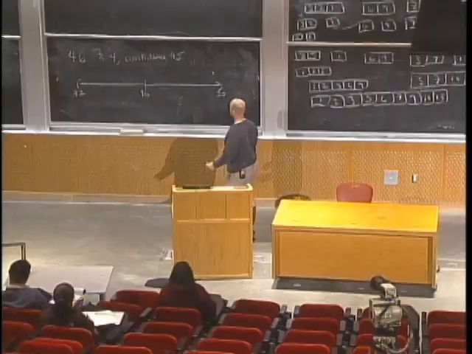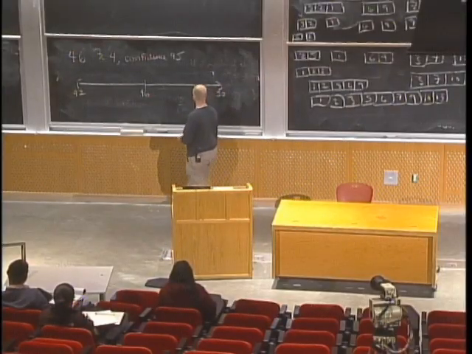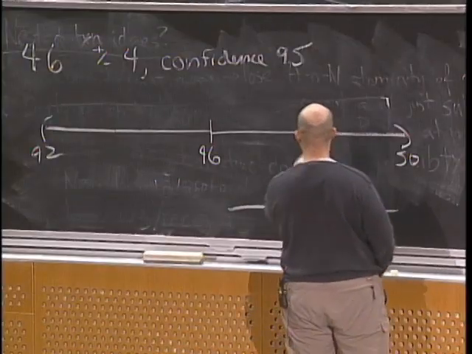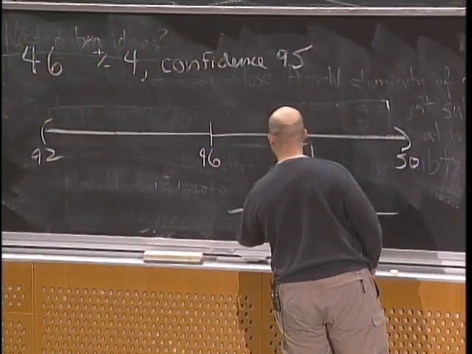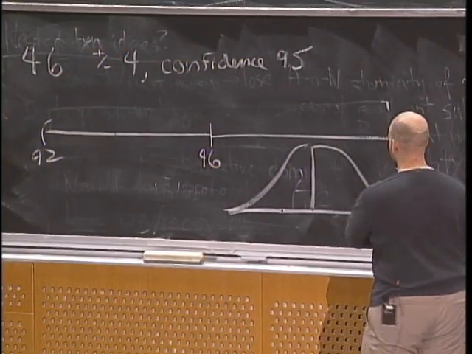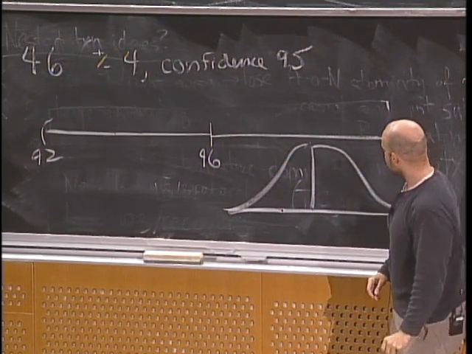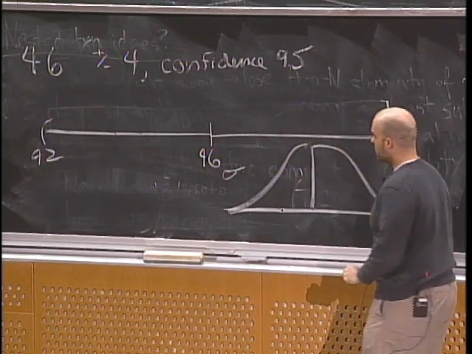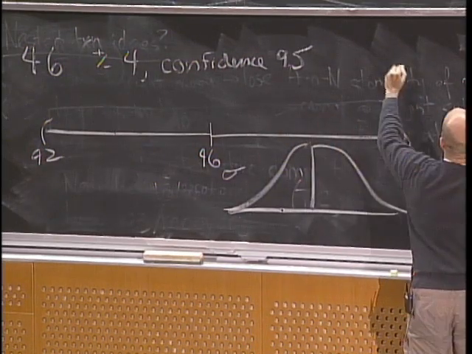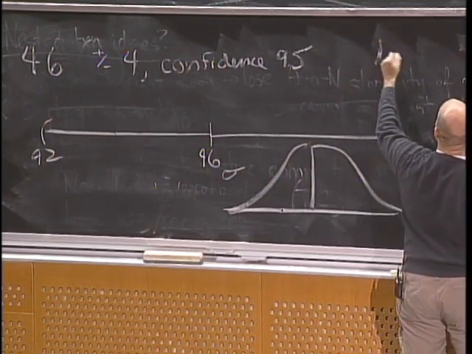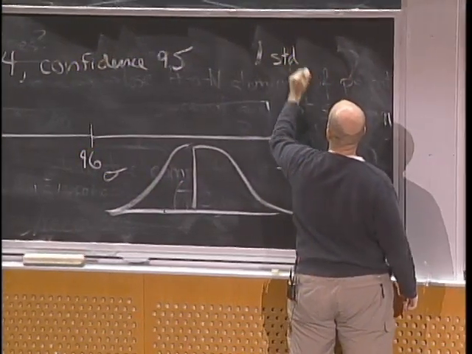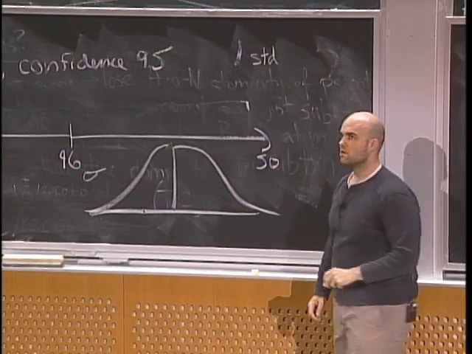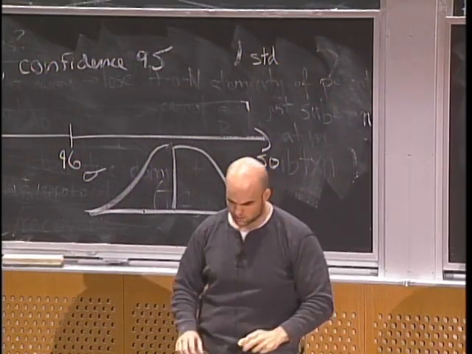The other thing you need to know for confidence levels and intervals is that if you have a normal distribution with a standard deviation sigma, then one standard deviation from the mean is going to have, is it 66 or 67?